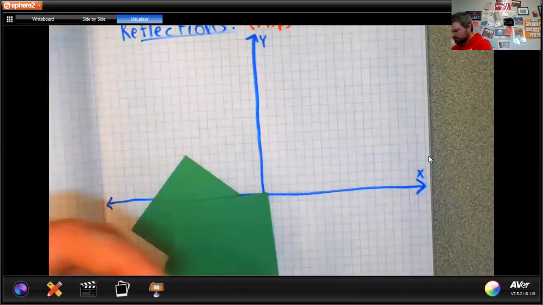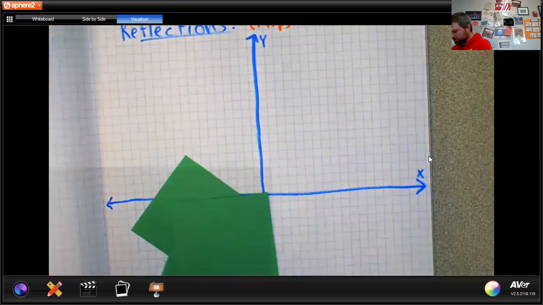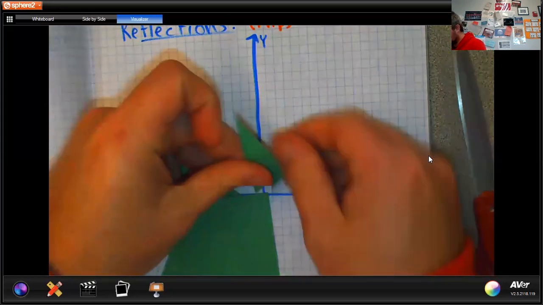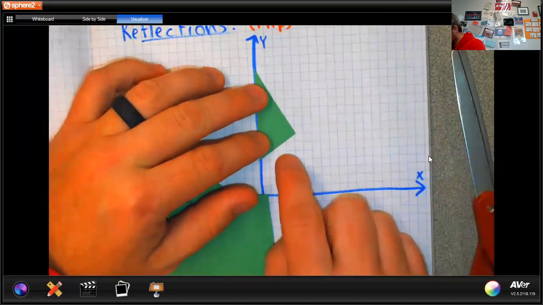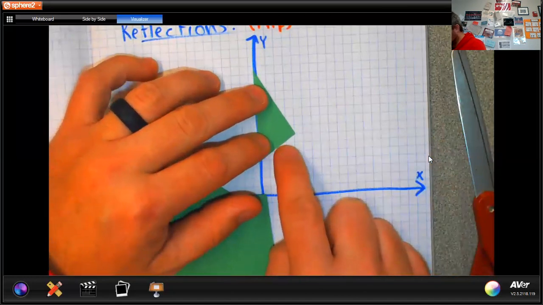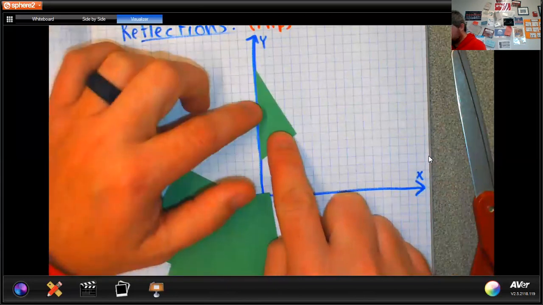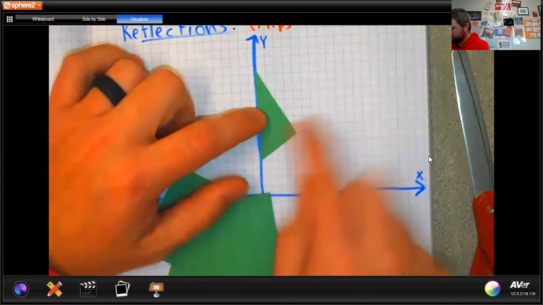So you may have to cut it down just a little bit more. You want this edge to be on the y-axis.